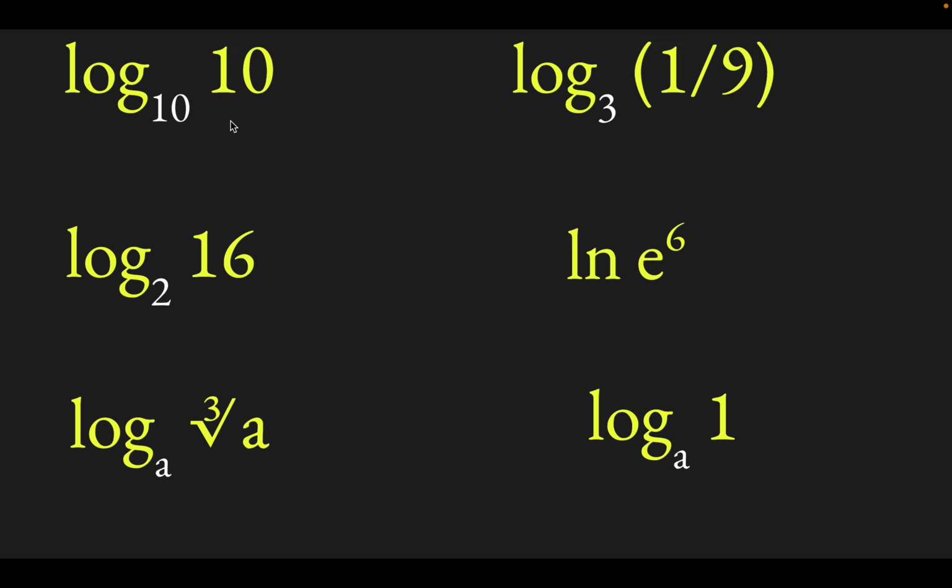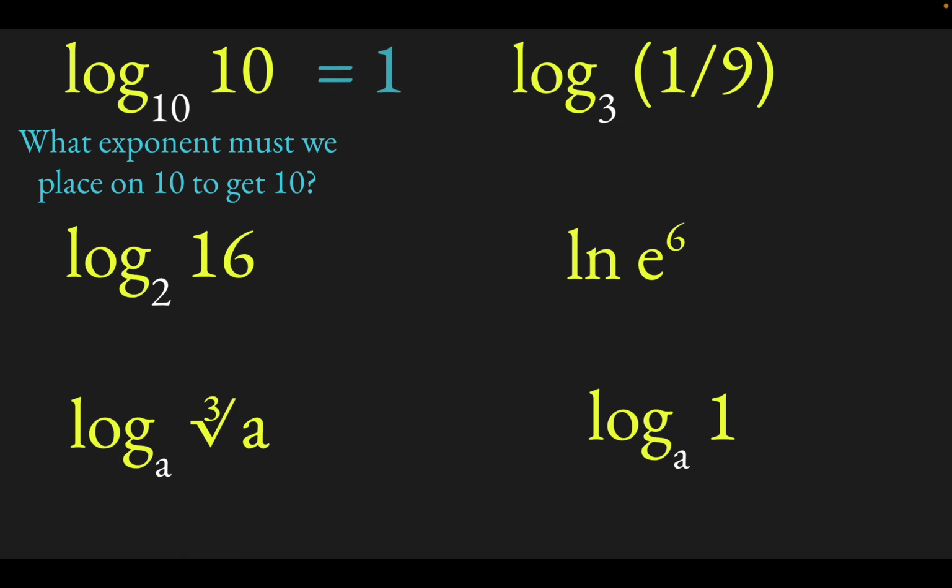Let's look at a couple specifics. So log base 10 of 10 means what exponent must we place on 10 to get 10? Well, 10 to the 1st is 10. So the exponent you put on 10 to get 10 is 1. The next one, log base 2 of 16. Oh, sorry, I guess we'll do this one next. Log base 3 of 1/9.